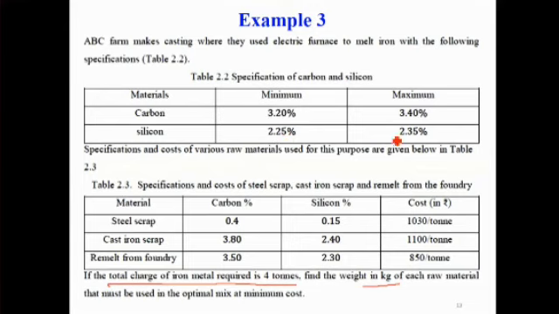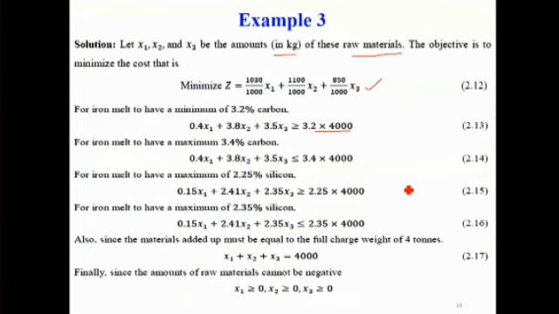Then we have to see the bounds: it should be greater than or equal to 2.25 into 4000, and less than or equal to 2.35 into 4000. Like that we have done here. You see these 2.5 and 2.6 constraints. So like that we get 4 constraints.